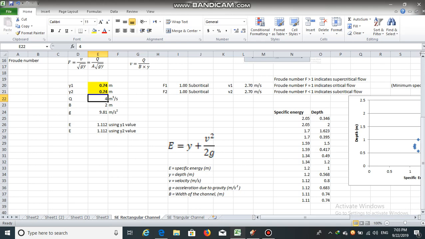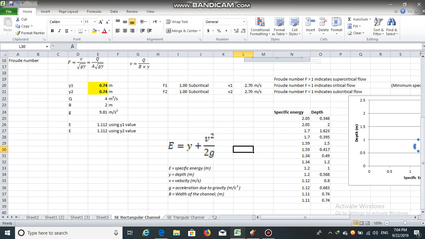Now, specific energy and depths have been calculated for this rectangular channel, in which 4 meter cube per second of discharge is passing. The width of the channel is 2 meters, so specific energy, which is equal to y plus v square by 2g, can be obtained for different depths.